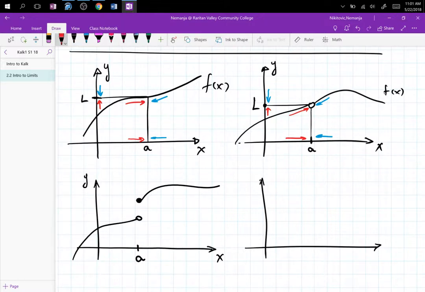As you are approaching from the left, you are approaching on this part, and you are approaching this to be your limit. Let's call it L1. The blue side, approaching from the other side, is going to clearly be on the other line because it's to the right, and that one is going to return this value.